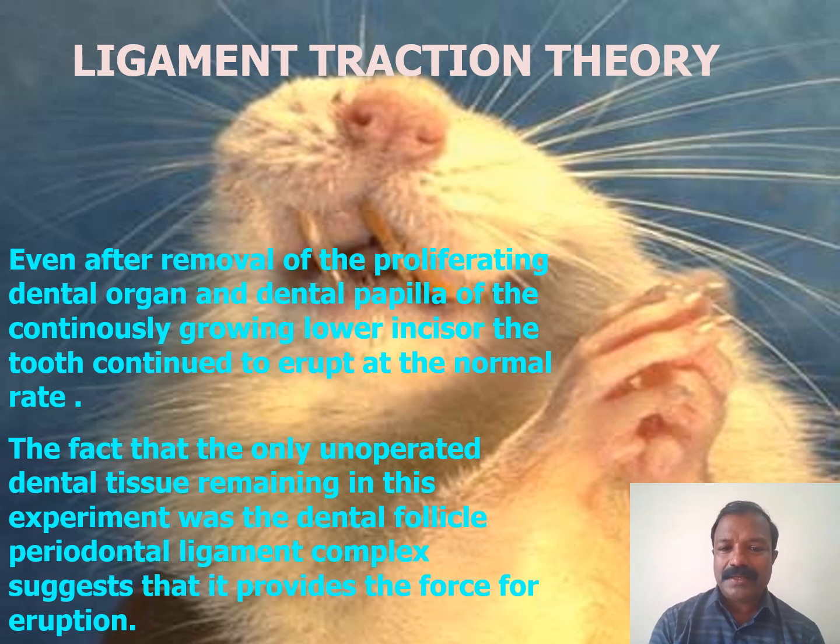The only unoperated dental tissue remaining in this experiment was the dental follicle periodontal ligament complex. It suggests that this complex actually provides the force for tooth eruption, and thereby a well accepted theory of tooth eruption, that is ligament traction theory, was proposed.